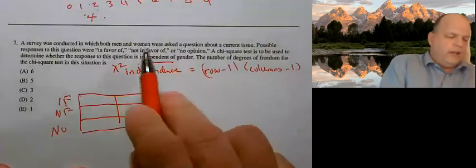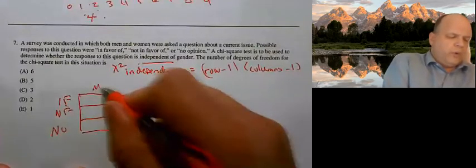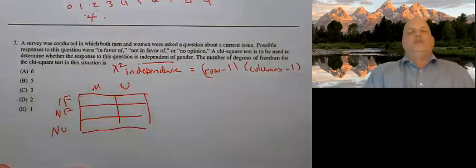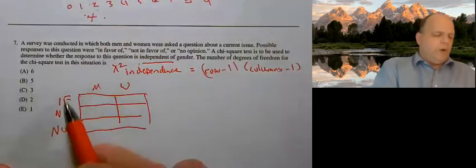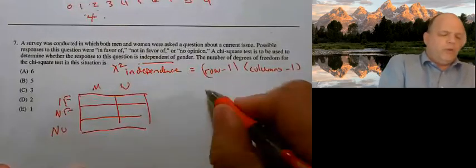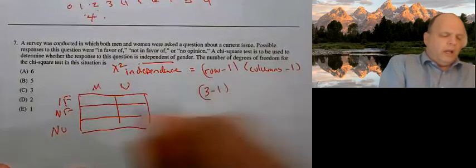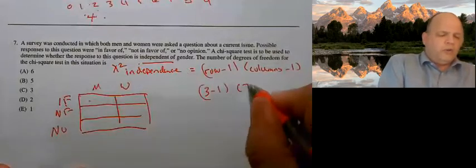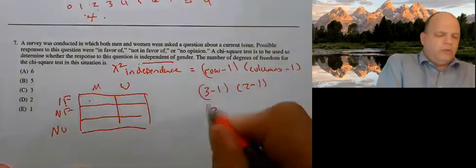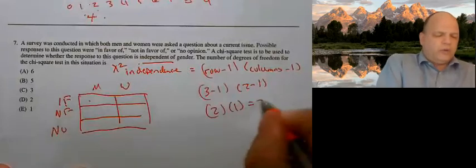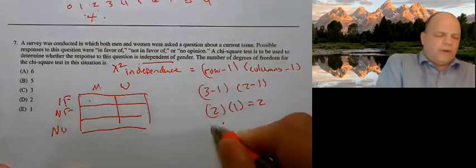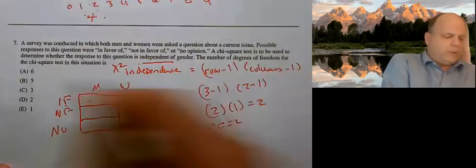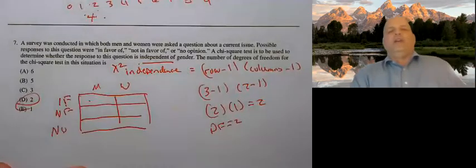And here they said men and women, so we're classifying only 2 genders here. So we have 1, 2, 3 rows. So 3 minus 1. And 1, 2 columns. So 2 minus 1. So 2 times 1 equals 2. So our degrees of freedom in this case is just plain old 2, which is letter D.